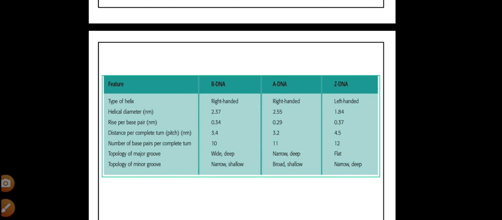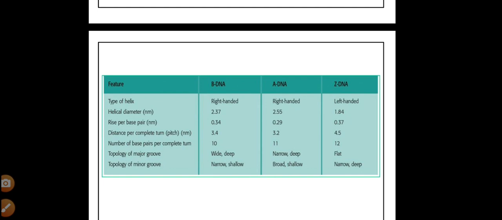The diameter of the DNA strand, nearly 2.2 nanometers, exactly 2.3 for B DNA, 2.5 for A DNA, and 1.84 for Z DNA.